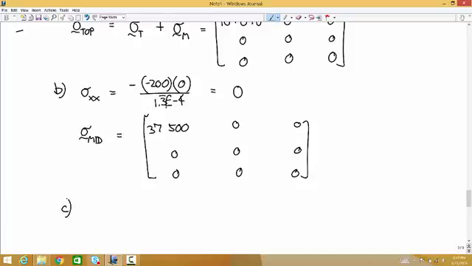And then the last one, sigma xx is equal to negative 200. What's the y value for the bottom? That's right, negative 0.1 divided by 1.3 repeating times 10 to the minus 4.